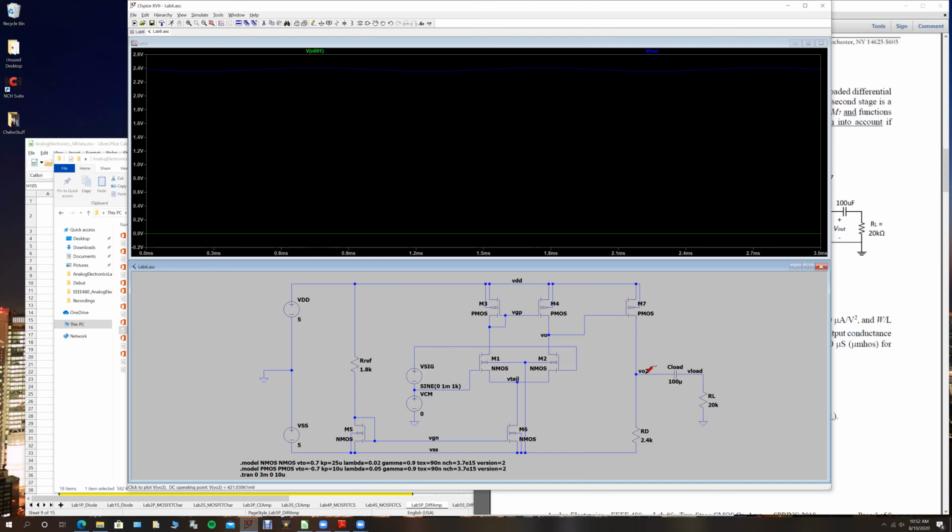So let's plot VO2 and verify that that is close to 0 volts. And it is. It's fairly close. Now it's not perfect. It sits around 0.4 it looks like at DC, but you have to remember that you have to round the value of RD to the nearest value found in the lab. So you could fine tune this by a little bit.